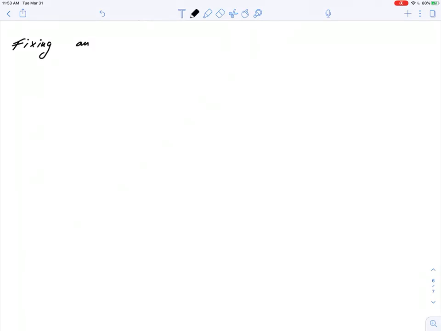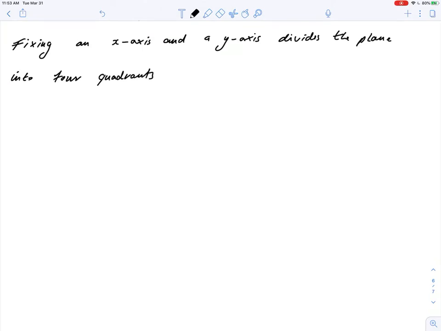Fixing an x-axis and a y-axis divides the plane into 4 quadrants, I'm going to call them. Quad is 4, I think in Greek or Latin, one of the two. Fancy terminology.